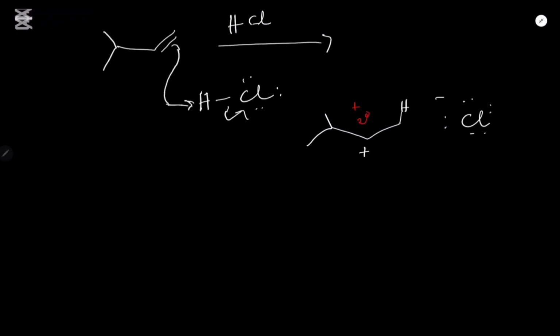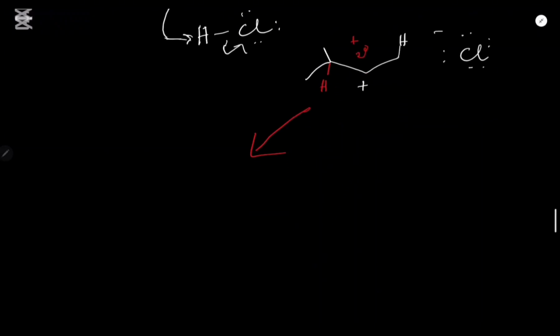But here we have hydrogen, we can have a hydride shift or hydrogen shift. This hydrogen can shift from this position going to the secondary carbon here. That will give us a structure like this.